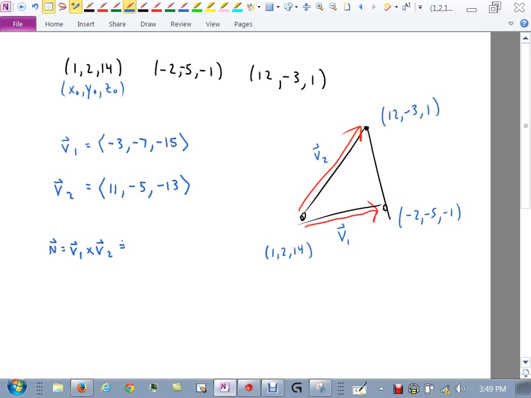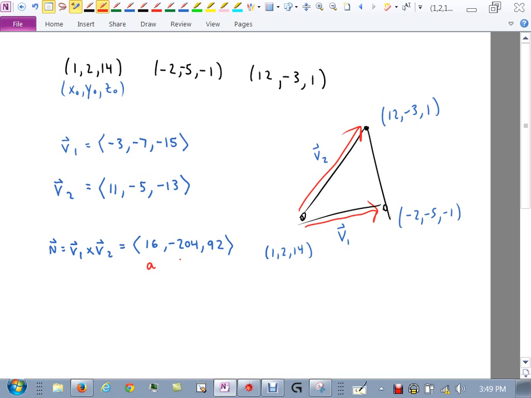Okay, 16, you can read it to me. Anyone else get that by hand? Yeah? Okay. So there we go. That's our cross product. So that's our normal vector.